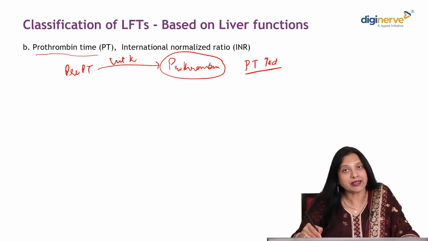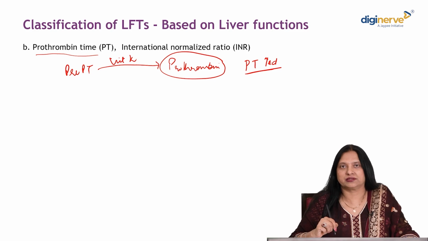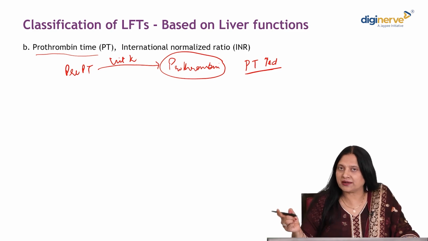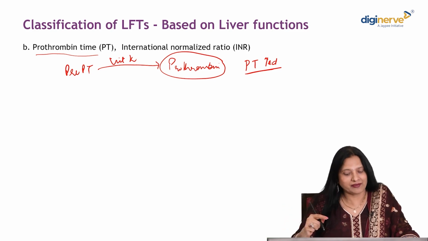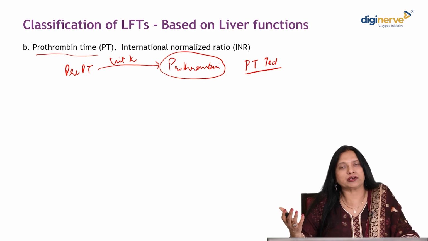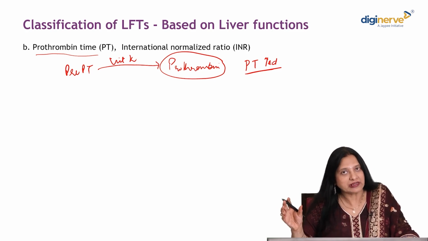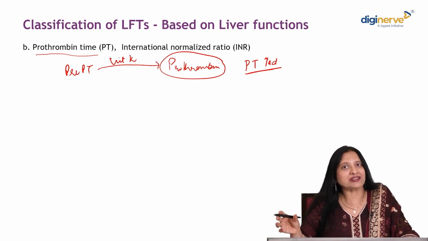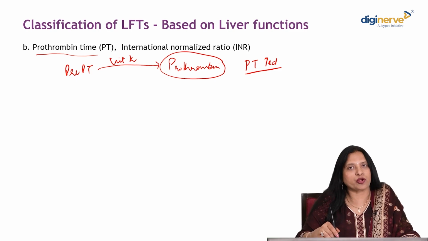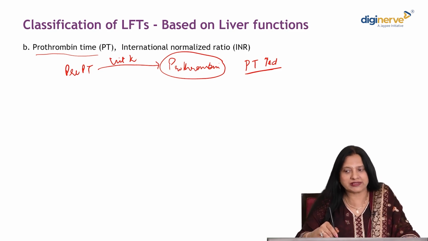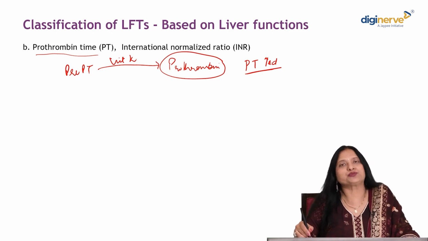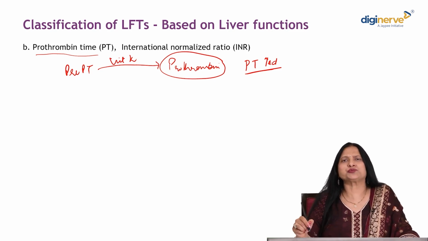On the other hand, in obstructive jaundice, the fat soluble vitamins like vitamin K are not able to get absorbed from the intestines, basically because of lack of bile salts reaching the intestine. So, because of the deficiency of vitamin K, again prothrombin synthesis is compromised, leading to enhanced prothrombin time.